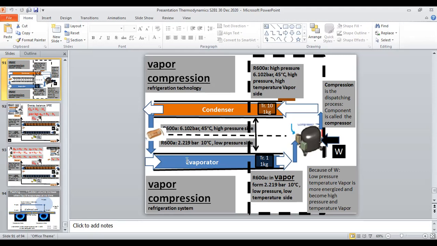We call it evaporator because here the transport is in saturated form. Condensation is also mostly saturated form, vapor turns to liquid and the heat release, unloading, takes place. Dispatching is here.